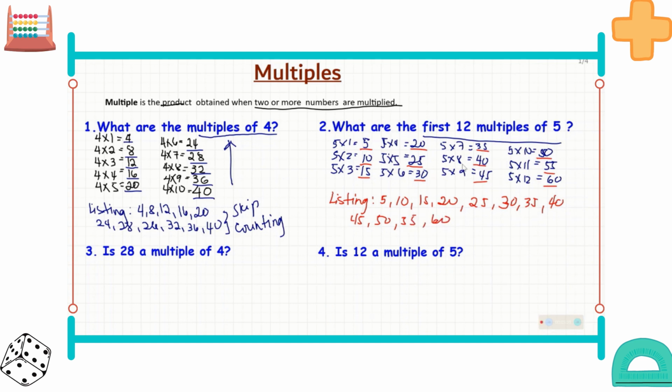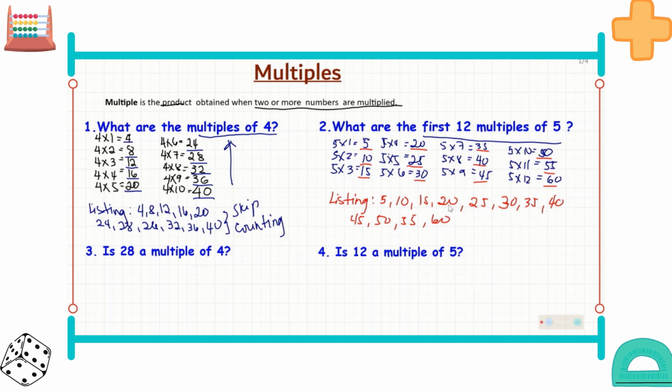These are the first 12 multiples of 5. If we count, that's 1, 2, 3, 4, 5, 6, 7, 8, 9, 10, 11, 12, so 60 is the 12th multiple of 5. That's how we do it.